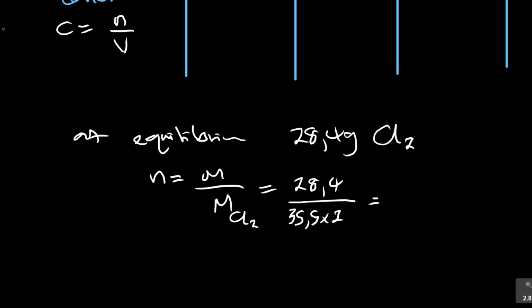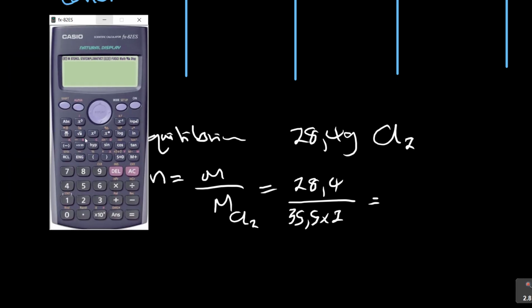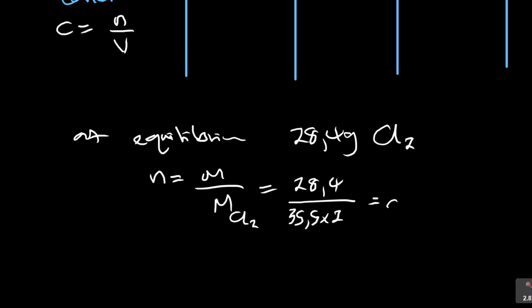So when you use your calculator, you can quickly get 28.4 over 35.5 times 2, which is 0.4 moles of Cl2, but it's at equilibrium.